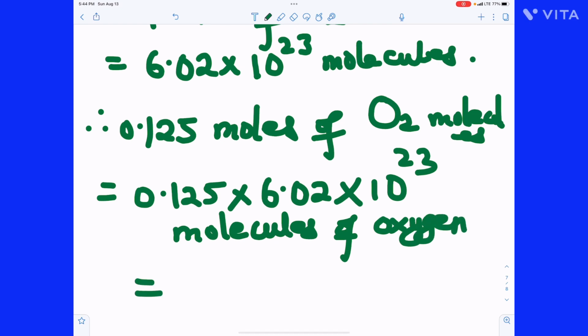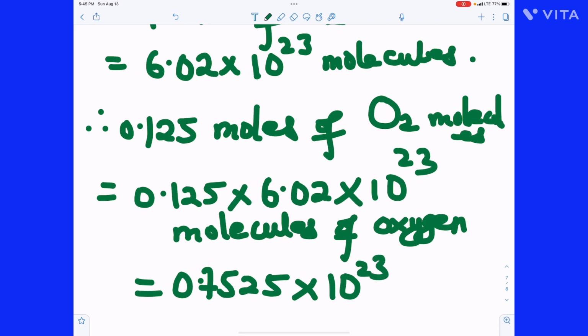And this gives you what? Let me check. 0.125 times 6.02. That gives us 0.7525 times 10 raised to the power 23 molecules of what?